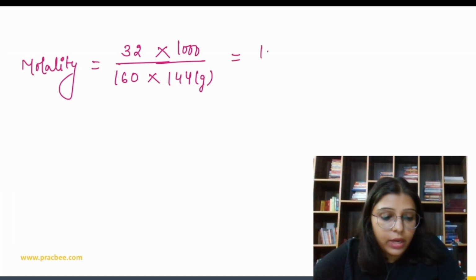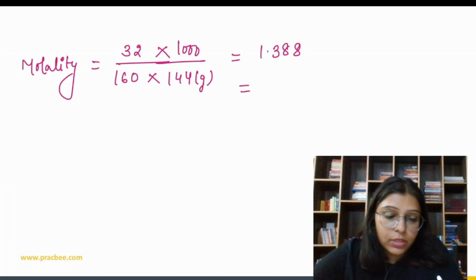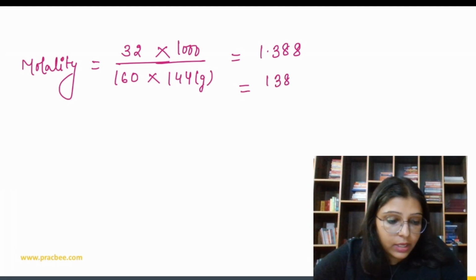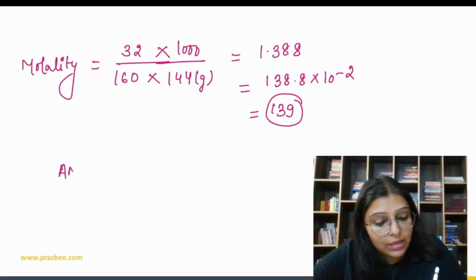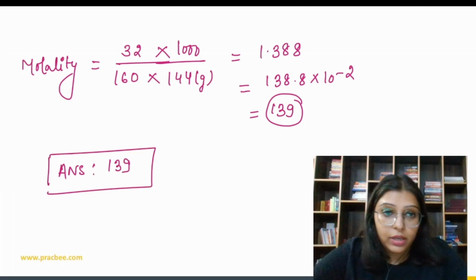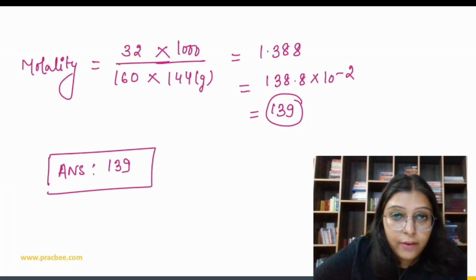On solving, you get 1.388, or you have to report this answer in terms of 10 to the power minus 2. So we can write 138.8 into 10 to the power minus 2, which is equal to 139. So the reported answer should be 139, not 138, because we have to report the answer in nearest integer. Is it clear? Okay.